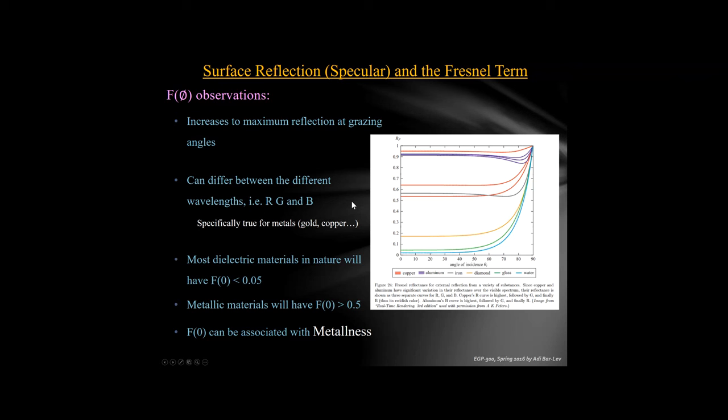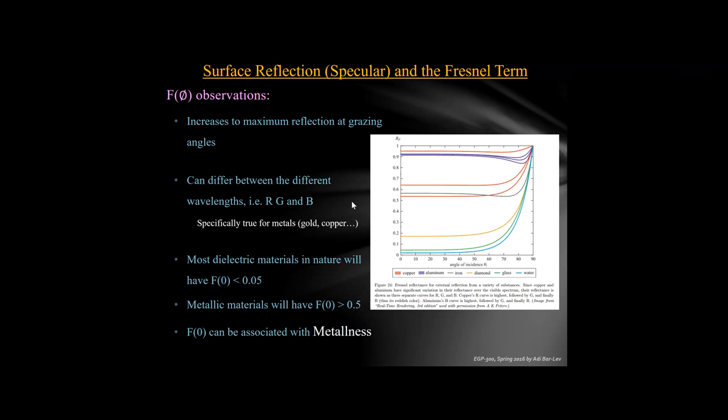Okay, so just a last word about the F0. The F0 is very, very important, and it can represent the type of material. In nature, we identified mainly two groups of material. One of them is called dielectric, and the other one is called metallic. And these groups are very different. For all dielectric materials in nature, you can see that their F0 will be no greater than 0.05.